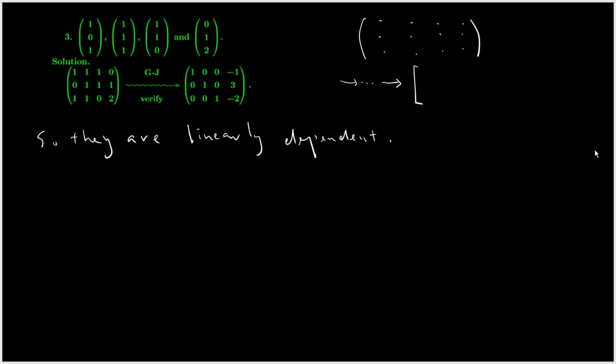If you have a leading one of row 1, its location is probably here. And then if this location has the leading one of row 1, these 2 locations are zeros. Likewise, the leading one of row 2 is most likely here.